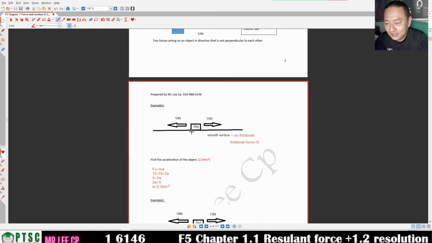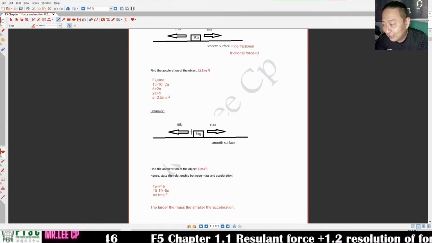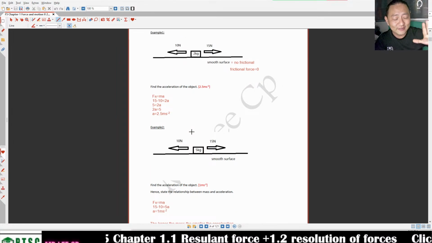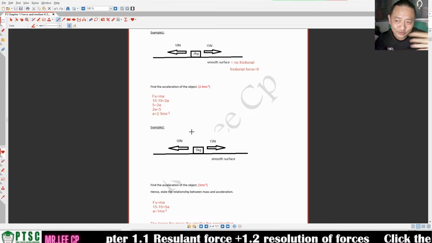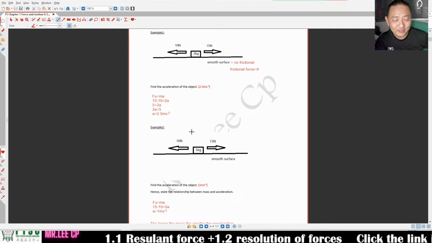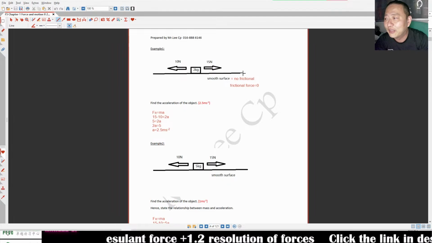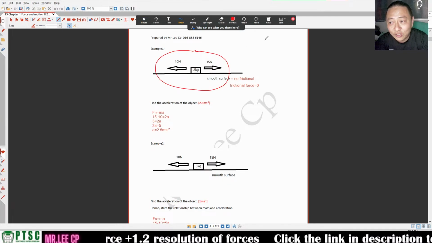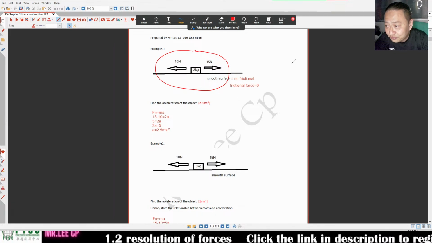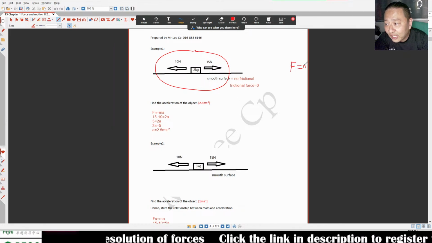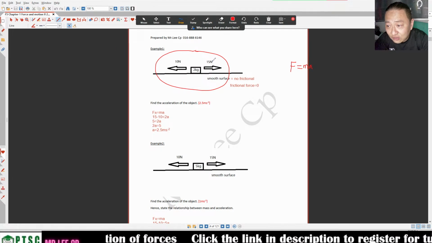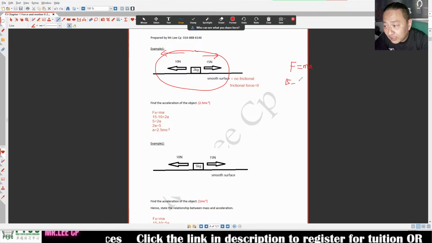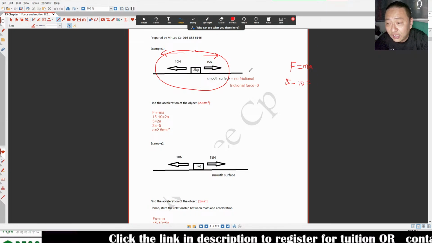All right, this is what we have done last week. Basically every time before the class starts, I will also revise what we have done last week, but just briefly. So how to do this one? For example, this is the one that we had done last week. We know that F is equal to ma. So we got a resultant force 15 minus 10 is equal to ma.